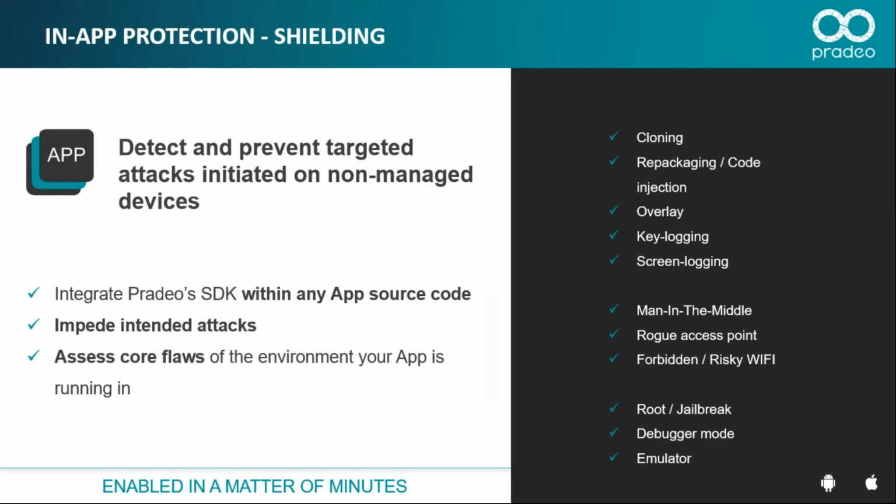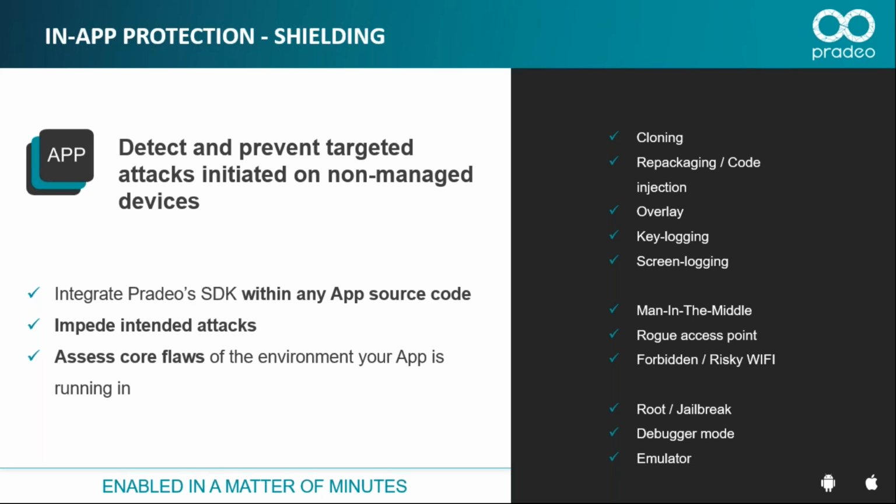So just to give you a little bit more detail on the first level of protection, app shielding. This protection is provided by Predio in the form of an SDK, which is integrated directly in the source code of the app, like I mentioned before. After the integration, no future updates are required, and everything can be managed and monitored from a remote console.